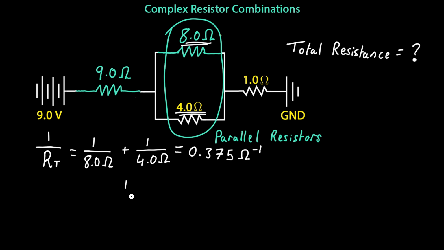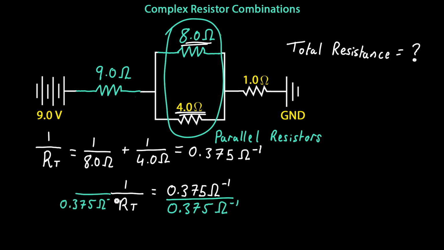So in order to get the total resistance value, or the equivalent resistance, what we have to do is isolate the total resistance value. And we do this by dividing both sides of the equation by 0.375 and multiplying both sides of the equation by the total resistance.